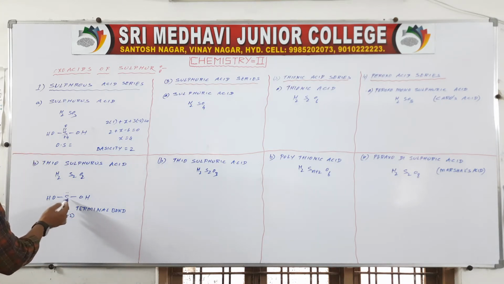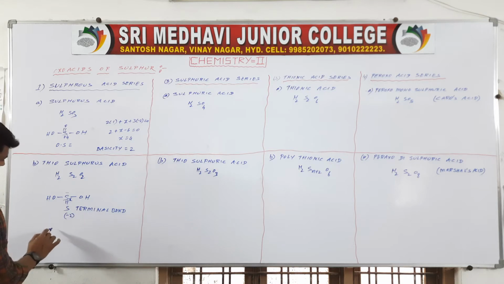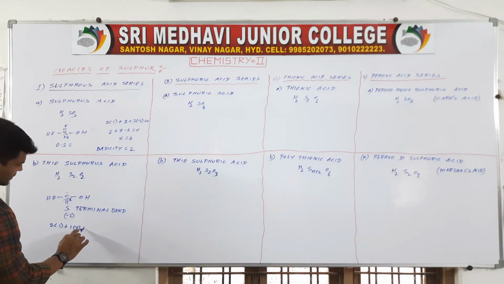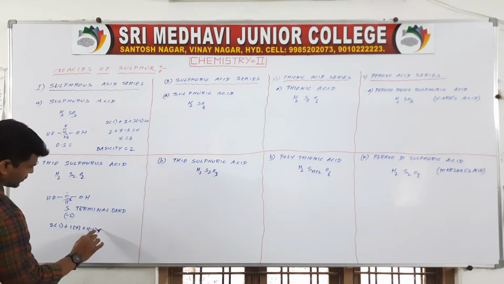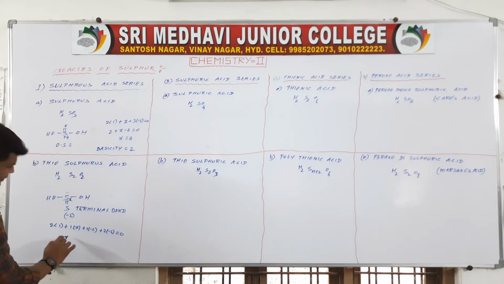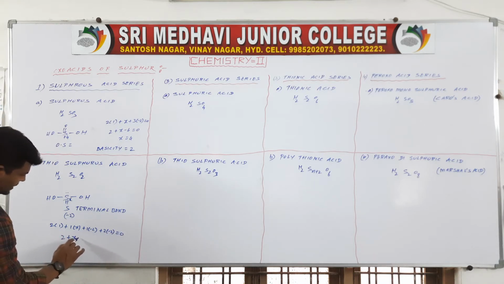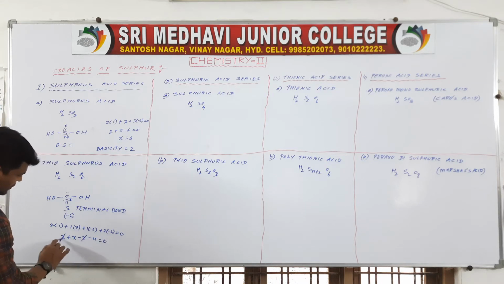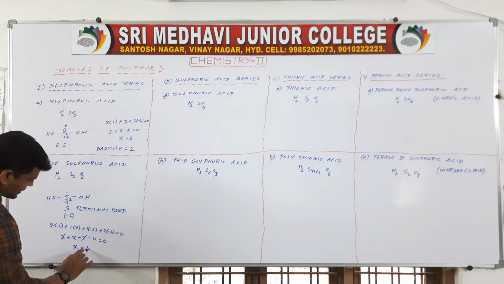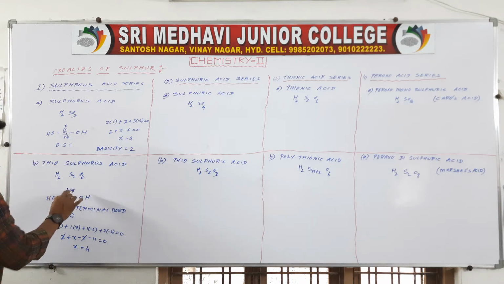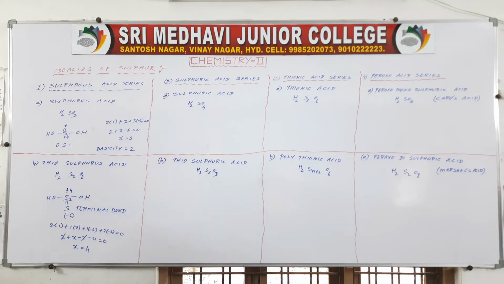So the oxidation state is minus 2. Here it is X. So 2 hydrogens, 2 into 1, plus the central sulfur X, plus 1 sulfur equal to minus 2, plus 2 oxygens, 2 into minus 2, equals 0. So 2 plus X minus 2 minus 4 equals 0, plus 2 minus 2 cancel, so X is equal to 4. So this sulfur is plus 4 and this sulfur is minus 2.